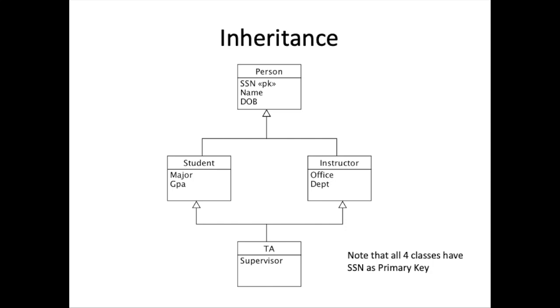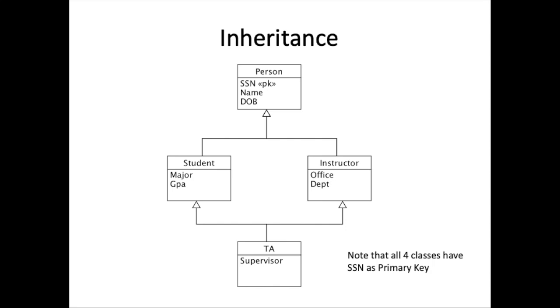And we've got a couple of subclasses of people, students who, in addition to social security number, name, and date of birth, also have a major and a GPA. And maybe we've also got instructors who, in addition to social security number, name, date of birth, have an office and a department.